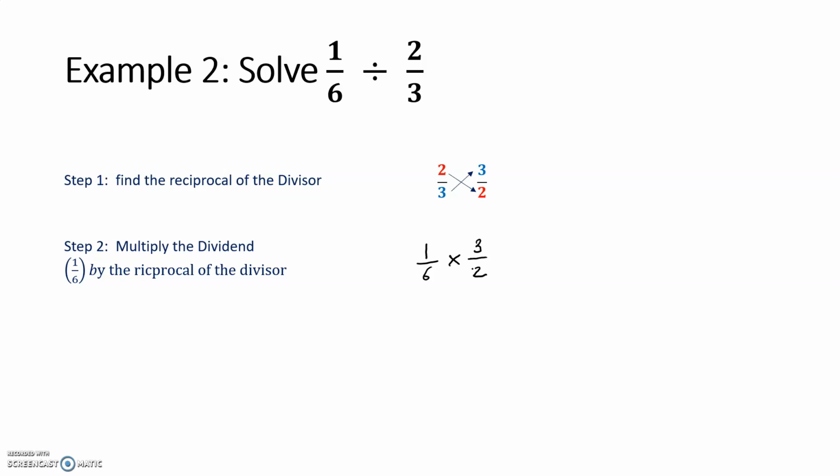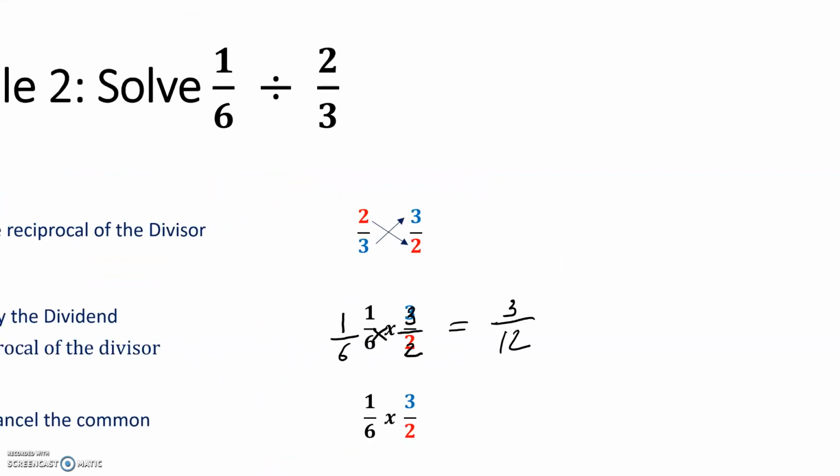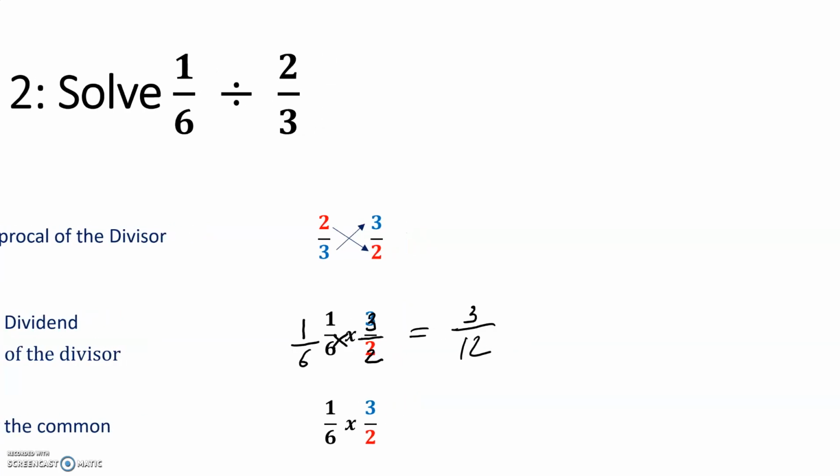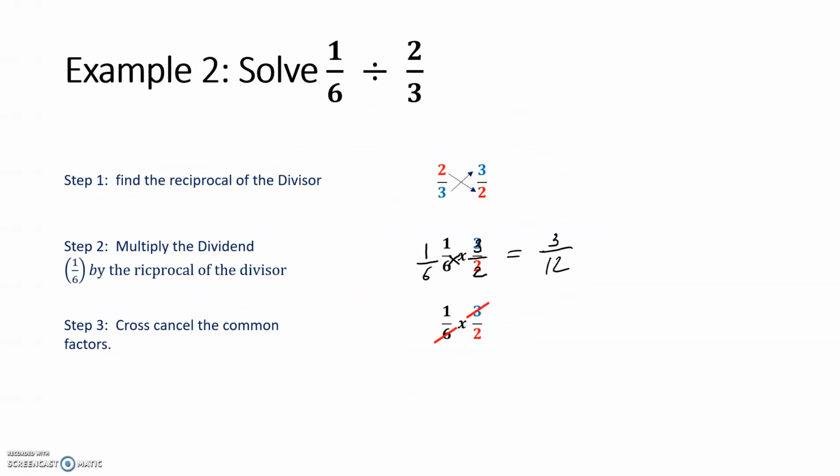Now I can cross cancel. I'm actually not going to do that. I can do this one in my head pretty easily. So 3/12, right? Now, the last thing that you want to do is cross cancel. Oop, okay, so if I did cross cancel, the 3 and the 6 divide out, so 3 divided by itself is 1, 6 divided by 3 is 2.